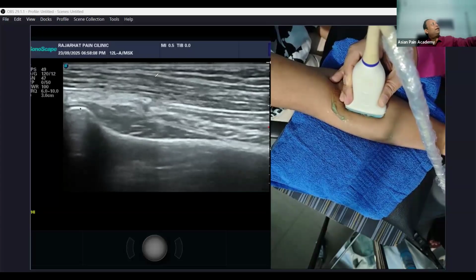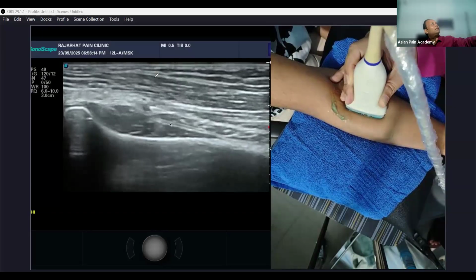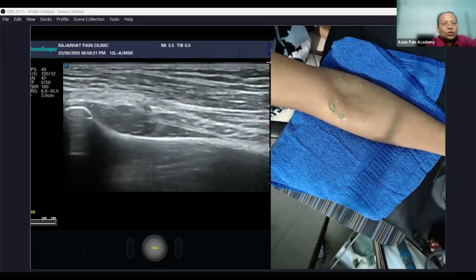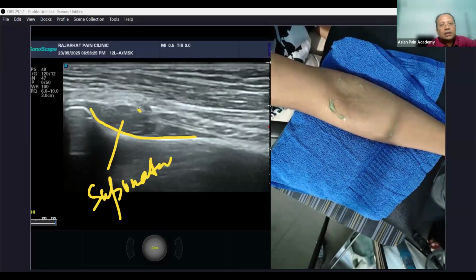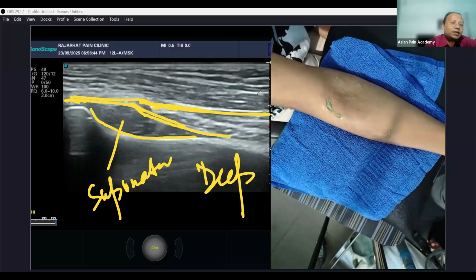This is the radial head and neck, and this area is the supinator muscle. Within the supinator muscle, this is the deep branch of the radial nerve. This part is the supinator. This is the deep branch. This is the superficial branch, and the upper part is the complete radial nerve. This is the branching.